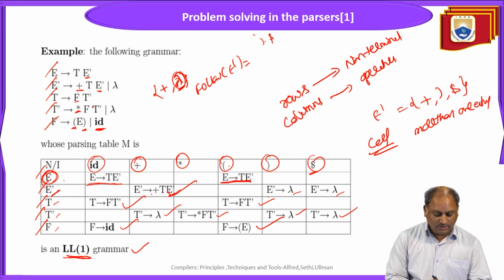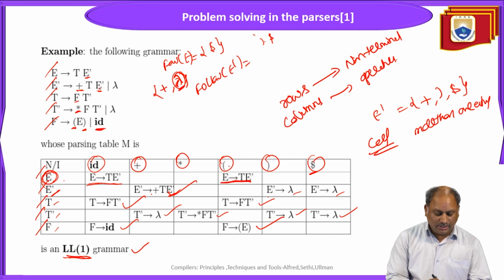Follow of E is right parenthesis and dollar. The follow of F, first of F. What is first of F? First of F is right parenthesis, ID. So right parenthesis, dollar, that is to be included. So follow of E contains dollar.